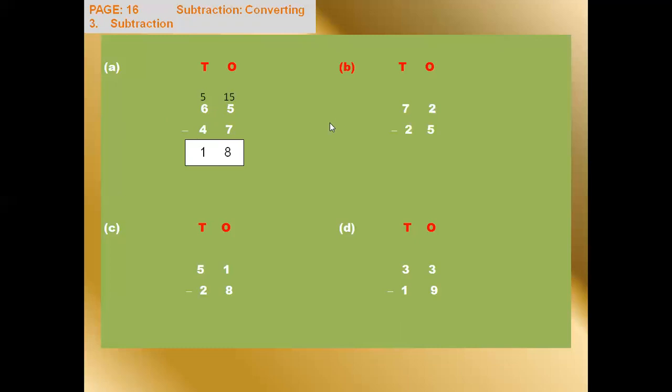Part B, the question is 72 minus 25. First of all, we subtract 2 minus 5. Is it possible? No. It means we will borrow 1 from this 7, from the tens, because 7 is in the tens place. When we borrow 1 from here, it means we are taking a ten. So 2 plus 10 becomes 12.